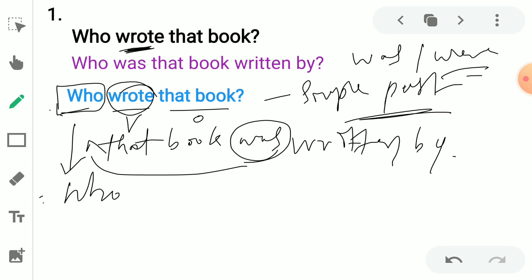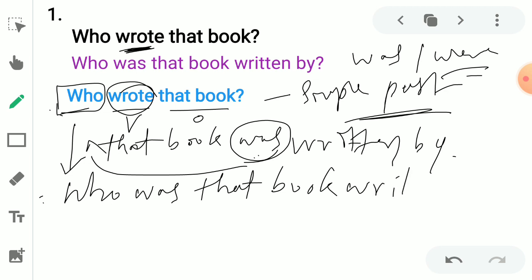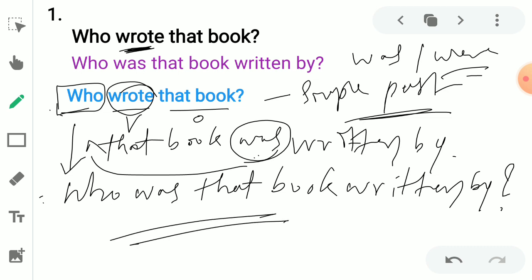In the second step, who was. Then that book, written. Who was that book written? Was you have taken already, no need to take it again. Who was that book written by? Put a question mark, no need to put a full stop. So this is the way you answer this particular sentence.